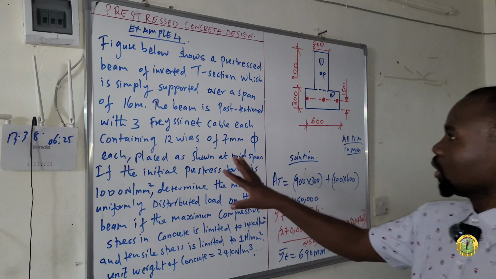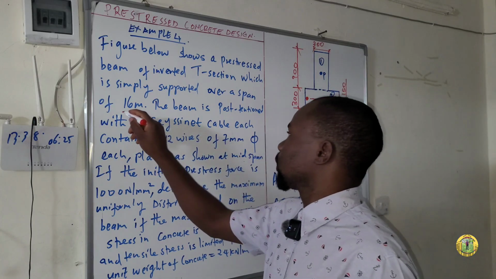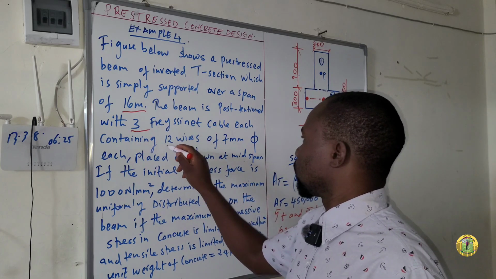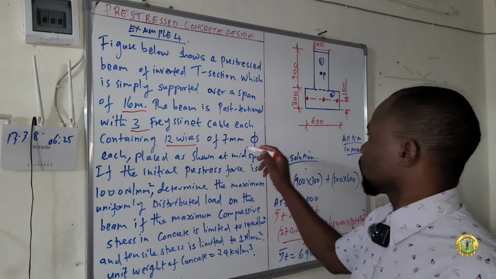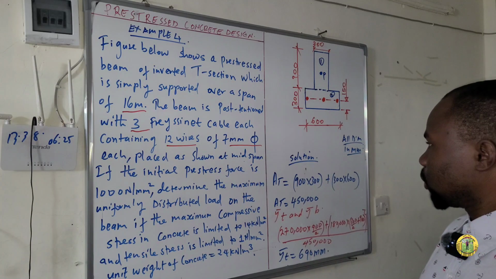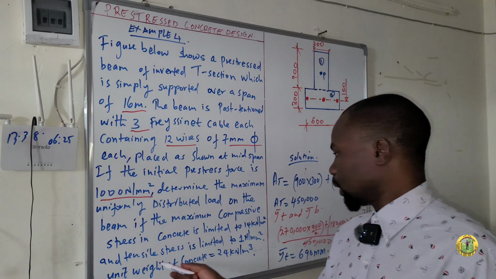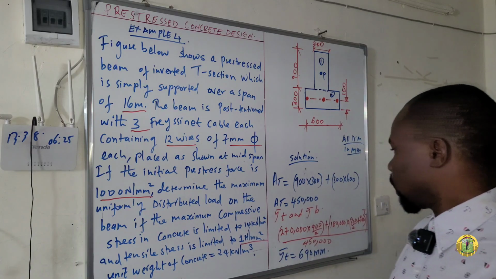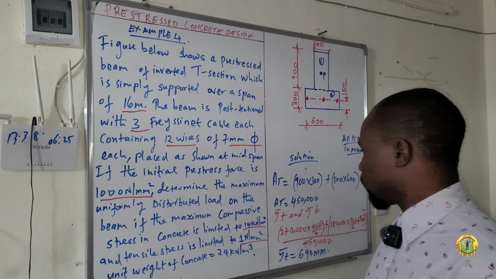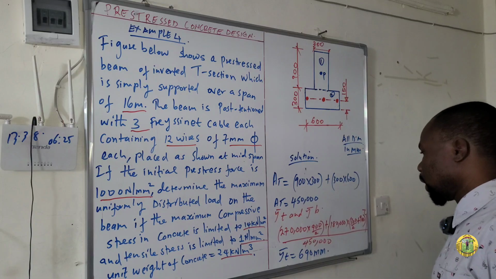But we have the information from this question: a span of 16 meters, 3 cables containing 12 wires each of 7 millimeter in diameter, the prestressing force of 1,000 Newton per millimeter square, a tensile stress limited to 1 Newton per millimeter square, the stress in concrete limited to 14 Newton per millimeter square, and the unit weight of concrete of 24 kilonewton per meter cubed.